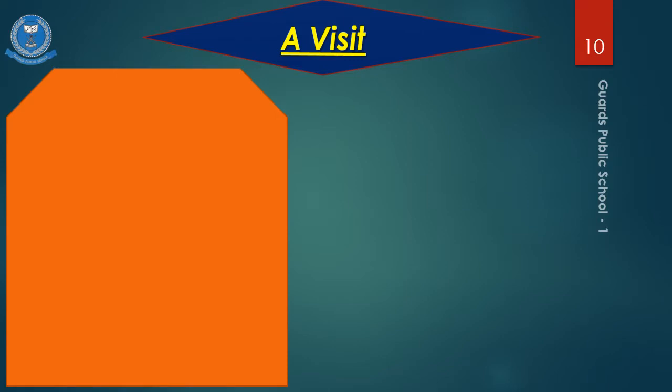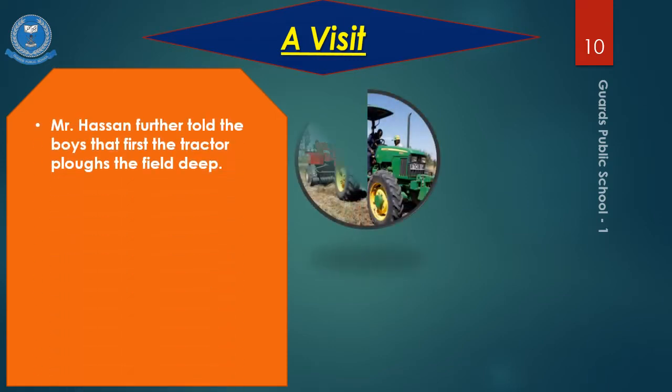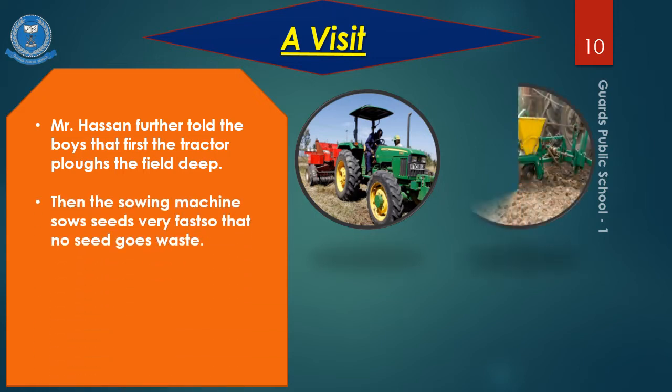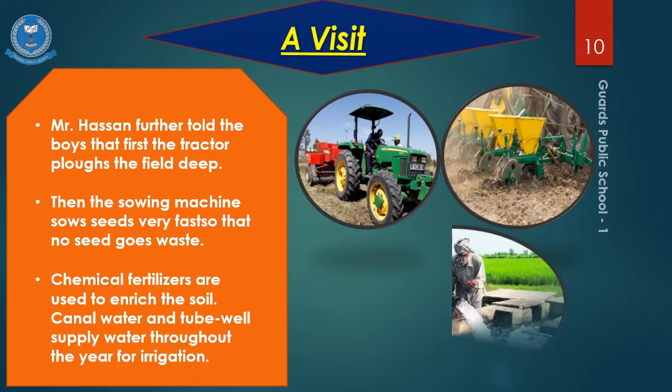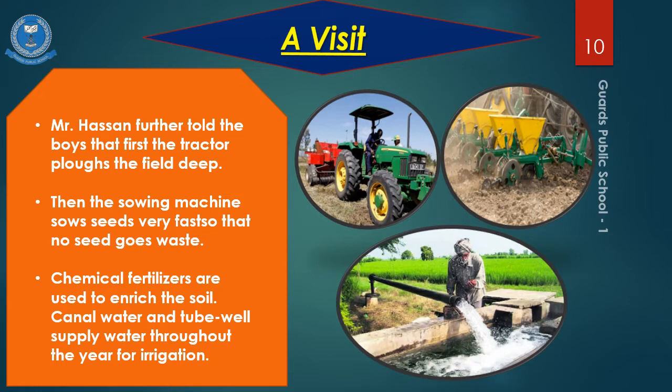Mr. Hassan further told the boys that first the tractor plows the field deep, then the sowing machine sows seeds very fast so that no seed goes waste. Chemical fertilizers are used to enrich the soil. Canal water and tube well supply water throughout the year for irrigation.